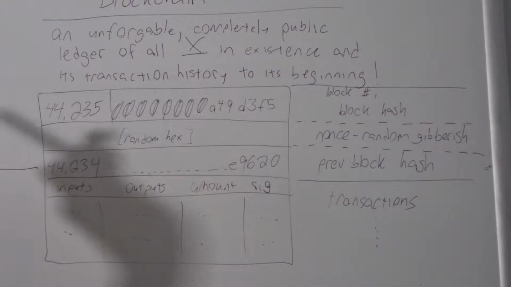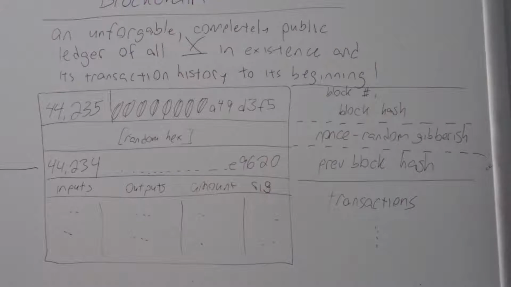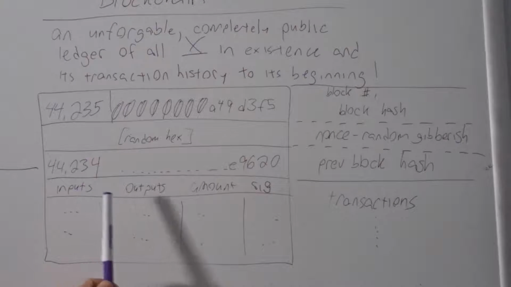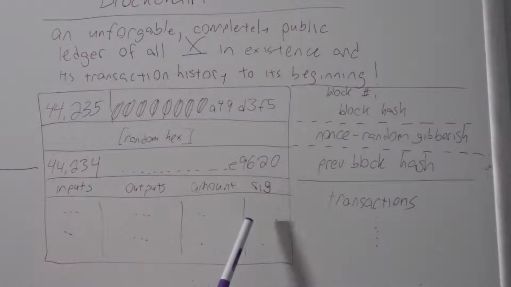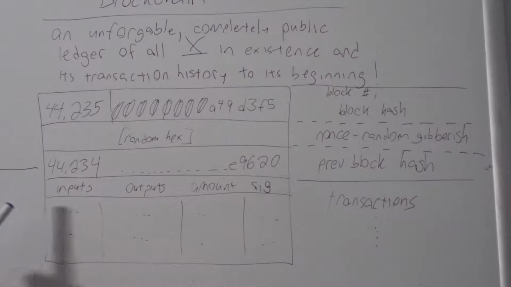If it's the Bitcoin blockchain, then this is an amount expressed in terms of Bitcoins. Whichever blockchain, it's an amount moved from an input to an output, or multiple inputs to multiple outputs, and then a signature verifying the authenticity of this transaction.